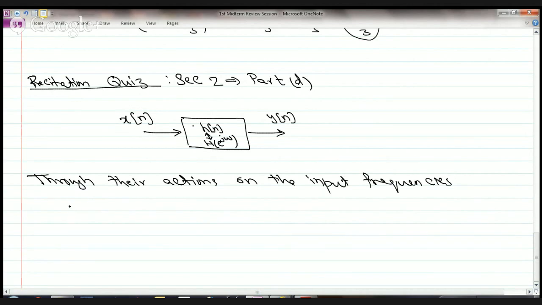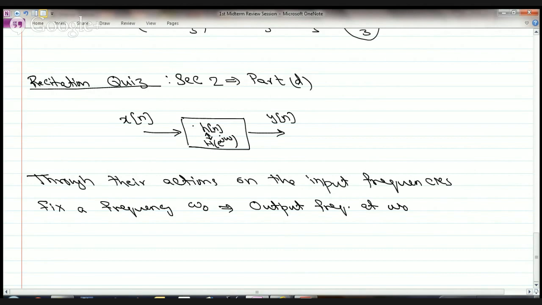If you are focused on some frequency, fix a frequency, little omega naught. Little omega naught could be any number, let's say pi by 4. Then the output frequency at omega naught, of course, a frequency has a phase and an amplitude, is going to be affected by the Fourier transform of your impulse response, or the frequency response.